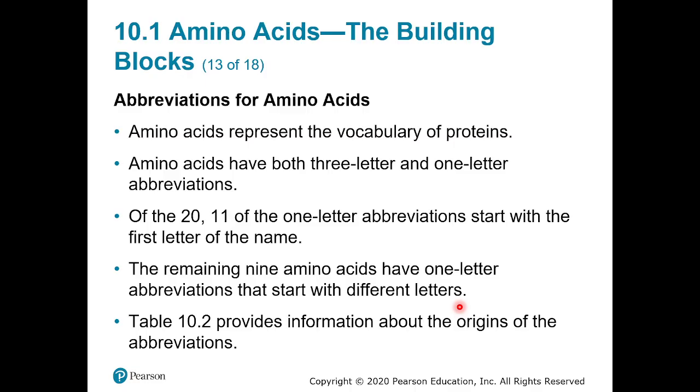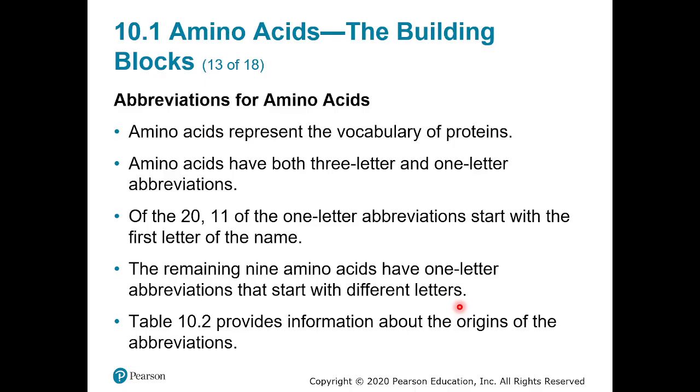Now, because those full names were created first, they ran into a problem. There's a lot of repeats, aren't there? If you look at the names, they have very similar names, don't they? And so you can only use A one time, right? You can't use it over and over, can you? And so what we end up getting is the 1-letter abbreviations sometimes have nothing to do with the name, okay?